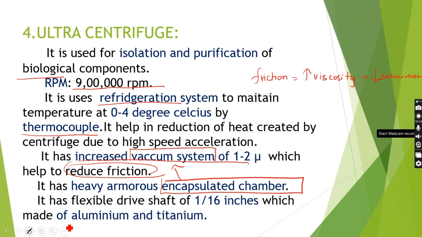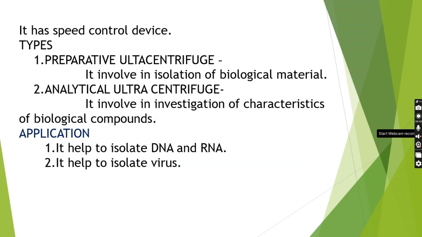In general, the central axis for this sedimentation is made of aluminum and titanium, which hold the biological material at a strong level. As it has increased RPM, it can be used as a preparative ultracentrifuge and an analytical ultracentrifuge.